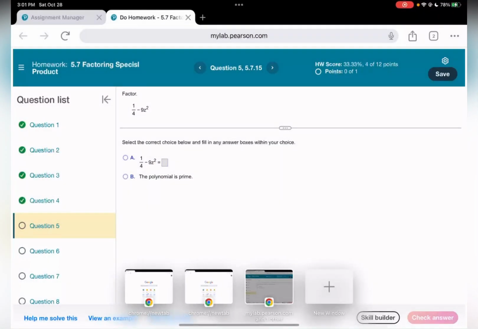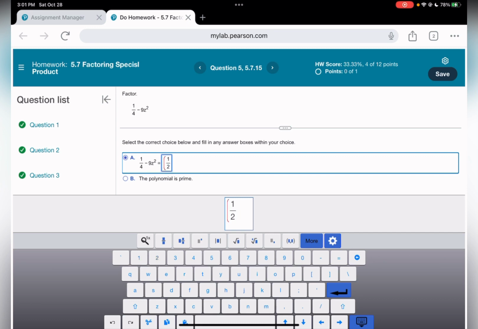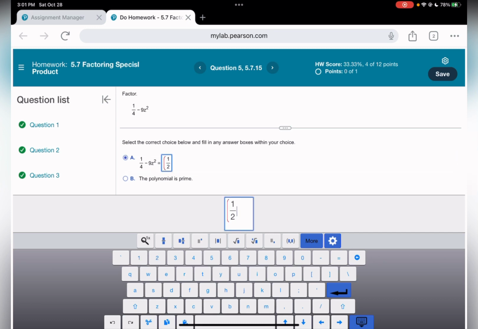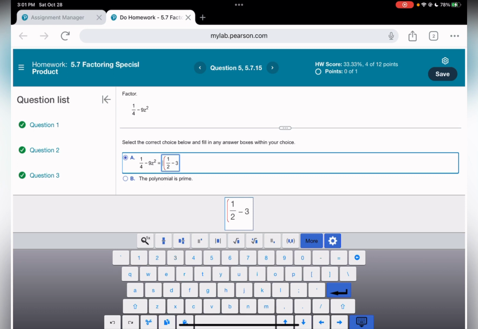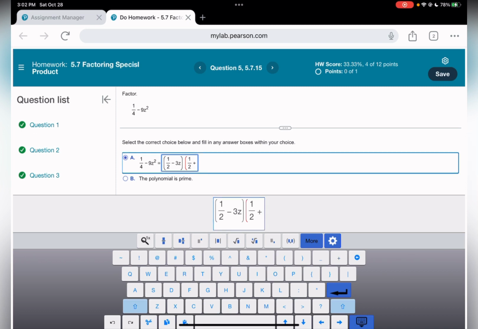Let's write down. One half minus 3z, closing parenthesis, and then opening again, and 1/2 plus 3z.